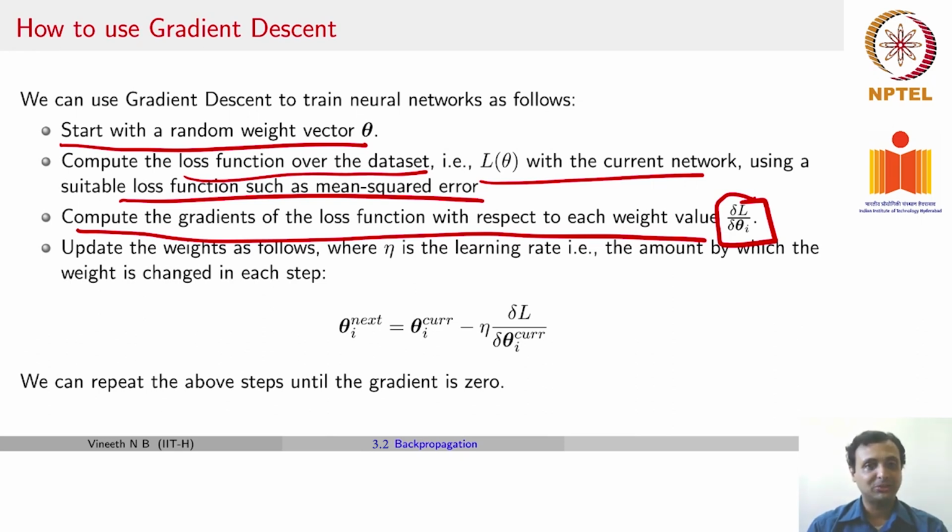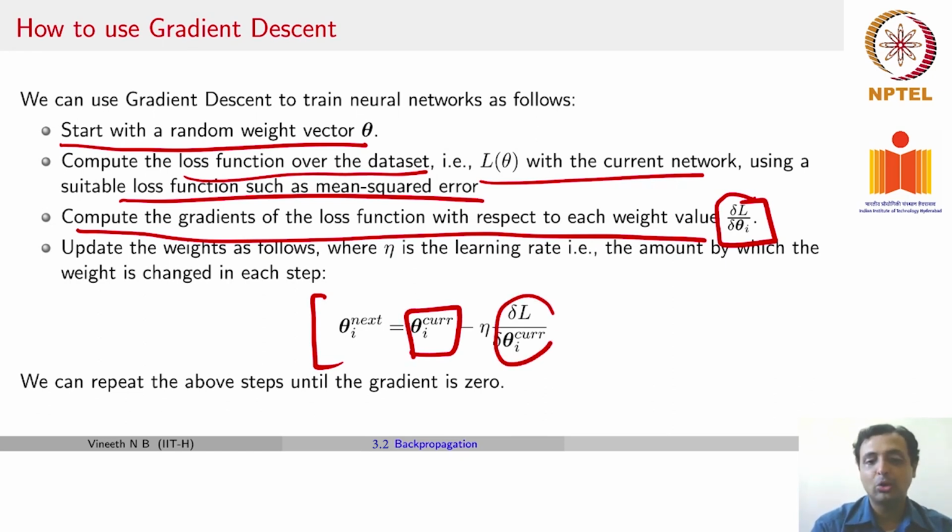Now, based on gradient descent, which is an iterative procedure, you define the update step as follows. Given your theta i current, which is one of your weights' current value, you take dou L by dou theta i, the partial derivative of the loss with respect to that particular parameter. There are many weights and biases in the neural network, and you have to compute the derivative of the loss function with respect to every weight or every bias.